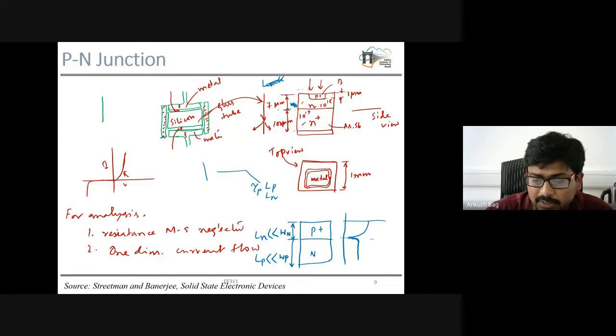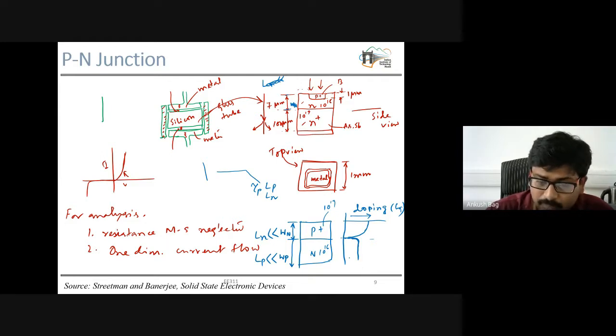This is the n-type semiconductor, with a doping concentration of the order of 10 to the power 16, but this is p plus, so it is of the order of 10 to the power 19 or 18. So this kind of doping concentration profile we will have. This is the doping concentration on a log scale, and this is how it is varying.